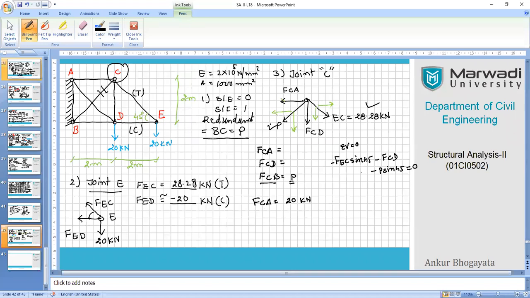Because just now here itself, I have written something like sigma H equals 0. Let's write down the horizontal forces like minus P cos theta, then we have minus FCA, then we have plus FEC cos theta.